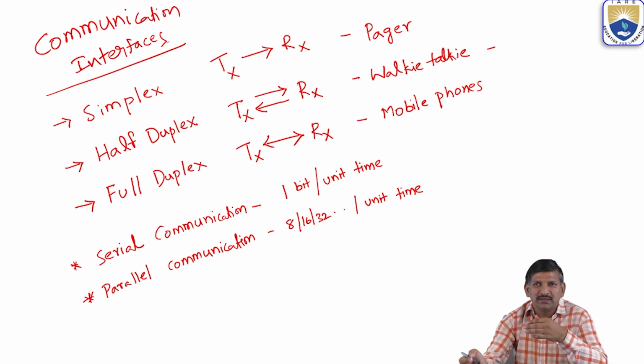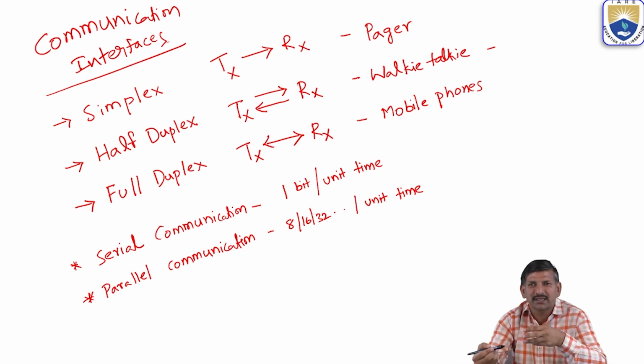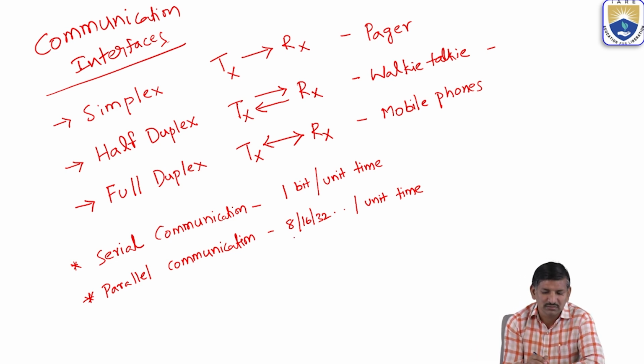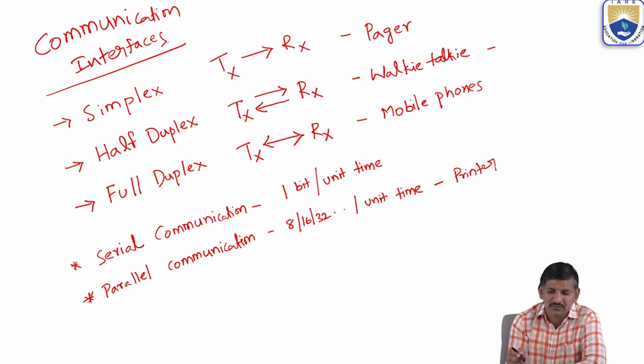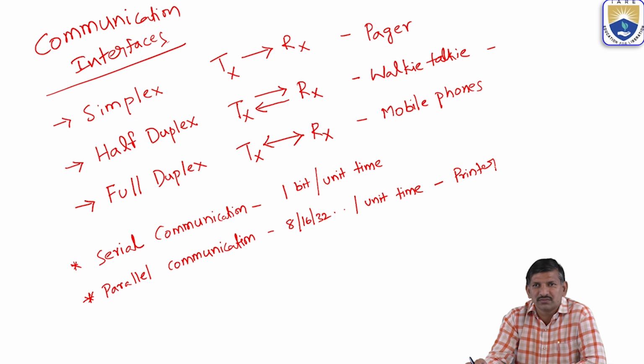To improve the speed or to send more than one bit at a time, we use parallel communication. Here we send 8 bits or 16 bits or 32 bits and so on in a unit amount of time. Example, printer. The advantage is it is faster since it transmits more than one bit at a time compared with serial communication.